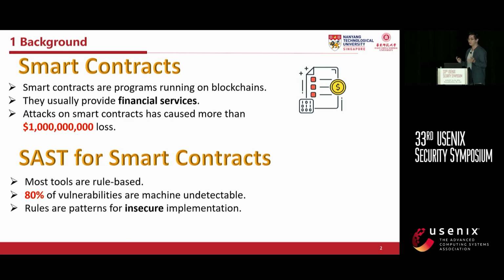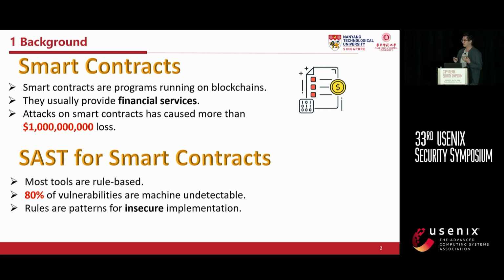And since the security of smart contracts is so important, developers have created a lot of static analysis-based tools to detect the potential defects in smart contracts. Most of these tools are rule-based, which means that there are a lot of rules for different kinds of vulnerabilities.